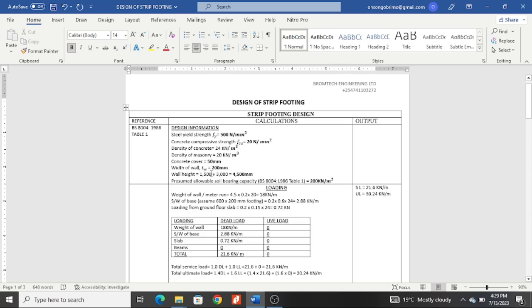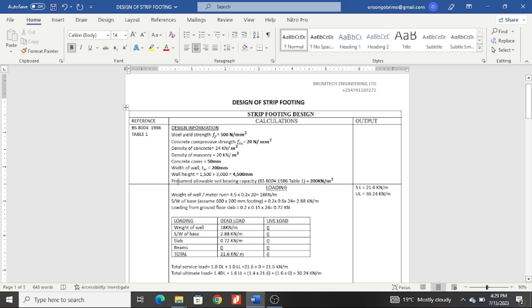And then the width of my wall is governed by the stone I'm using, and I've decided 200 mm to be the minimum thickness of my wall, so I'm going to use 200 mm thick stones to build this.